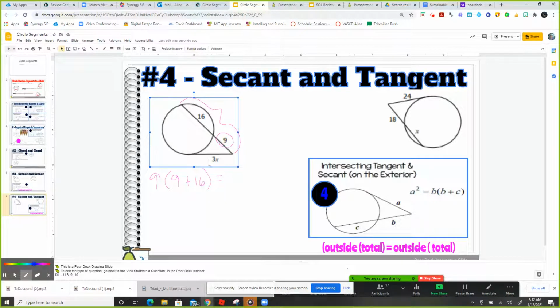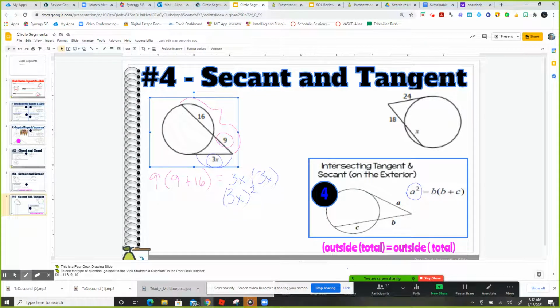So 3x is the outside and 3x is the total. So we're going to do 3x times 3x, which is the same as 3x squared, right? So that's how they get the a squared. It's just the outside times the total, but you square it because you're multiplying by itself.